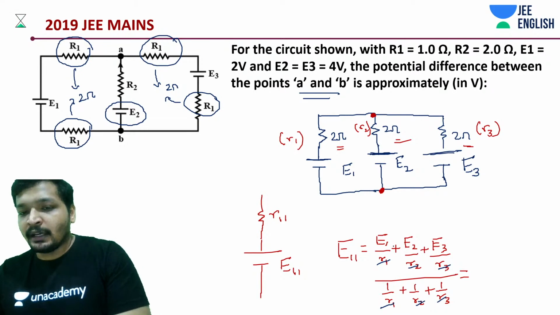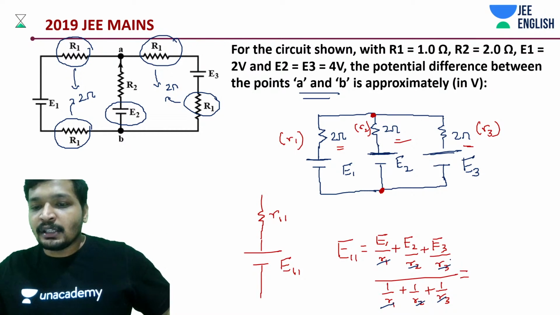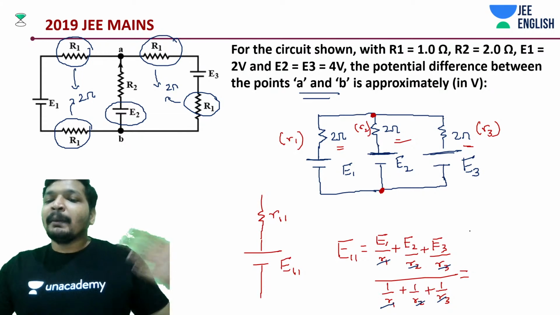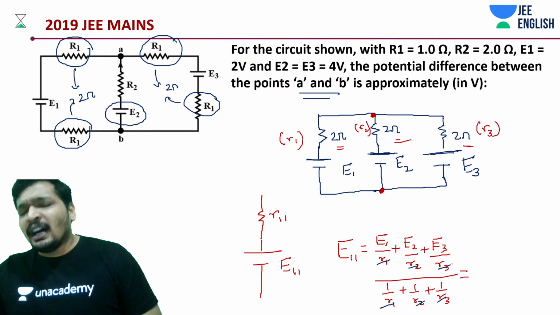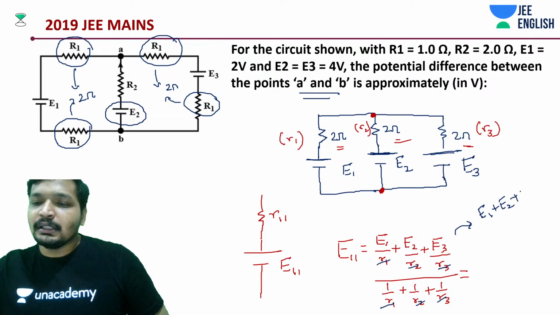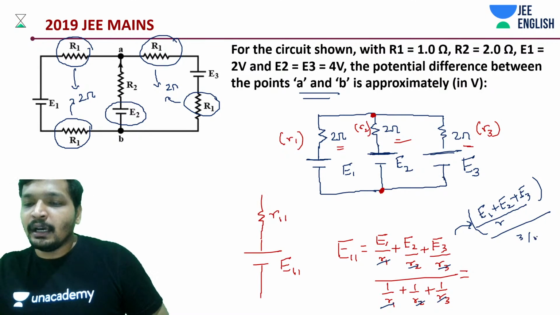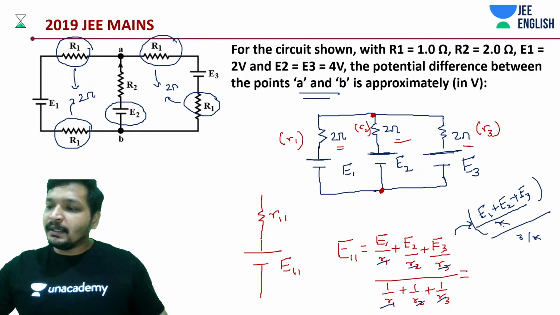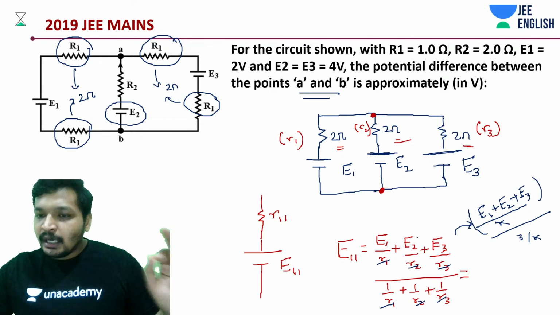You'll get something like 3 by R on the numerator's denominator and 3 by R on the denominator. So let's say all three are equal: the numerator would be E1 plus E2 plus E3 divided by R, and on the denominator you'd get 3 by R. So basically E1 plus E2 plus E3 divided by 3. This is applicable when R1 is equal to R2 is equal to R3.